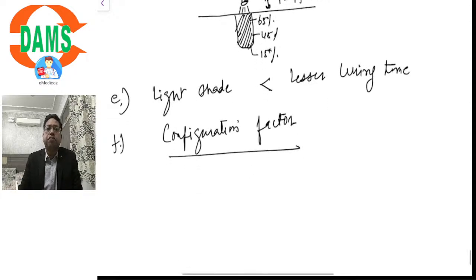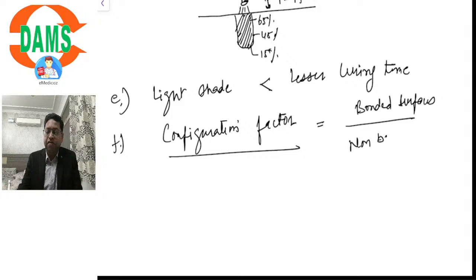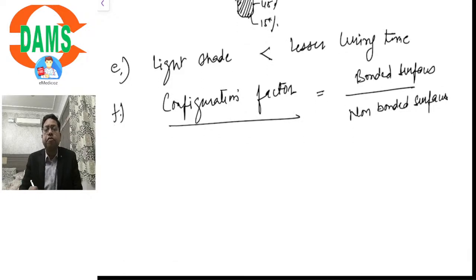This is related to the curing of composites. It basically represents the ratio of bonded surfaces to non-bonded surfaces. Ratio of bonded to non-bonded surfaces.